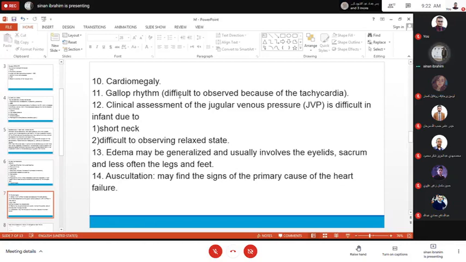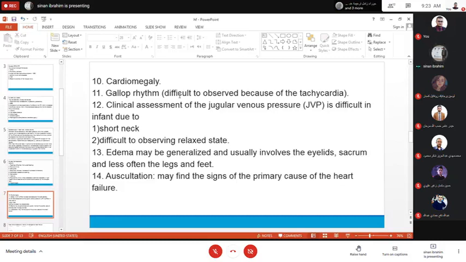Also, these patients may develop edema, which may be generalized and usually involves the eyelids and the sacrum, and less often the legs and the feet. In the physical examination, we auscultate the heart and we may find, in addition to the gallop, a murmur, and this murmur may lead us to the primary cause of heart failure.